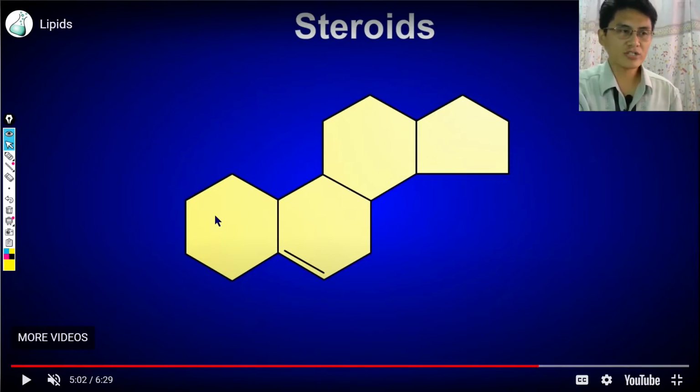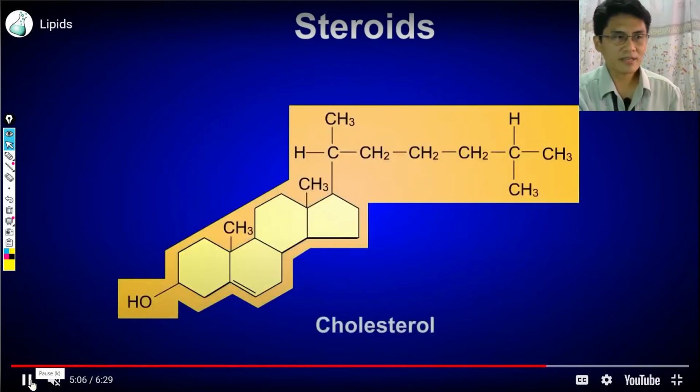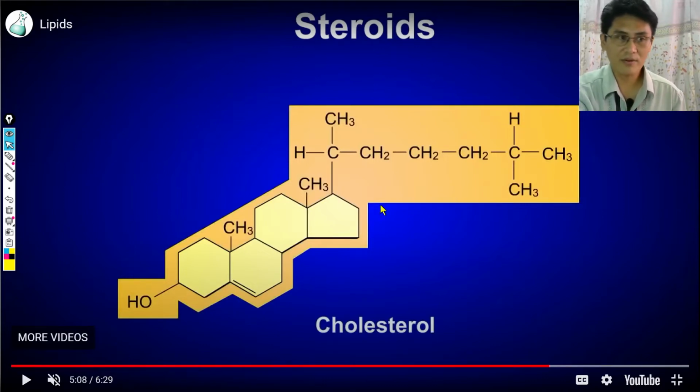So a steroid is just 4 fused rings, 3 of which are hexagonal in shape, and 1 is pentagonal in shape, right? And what is that? Well, a steroid is usually based off of cholesterol, right? So cholesterol is this structure here, right?